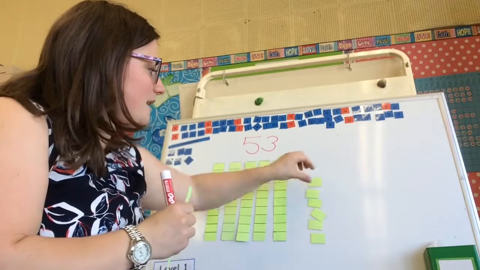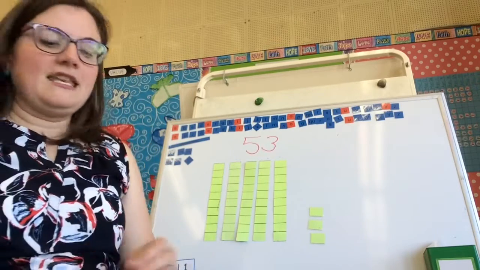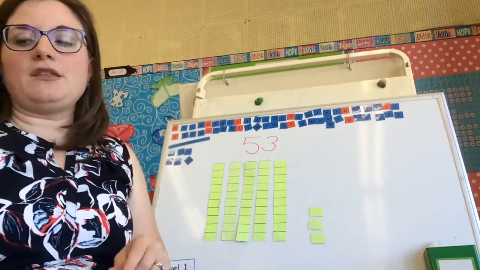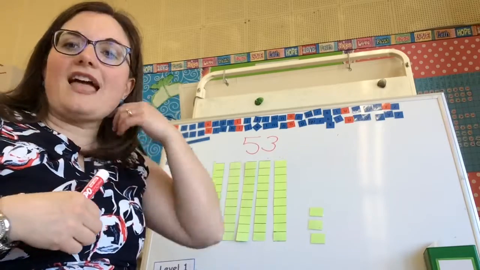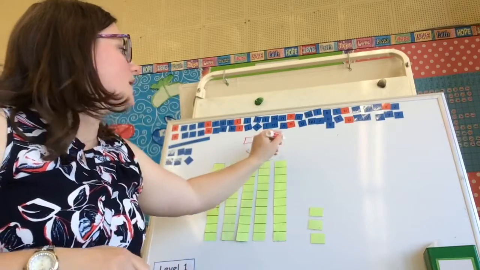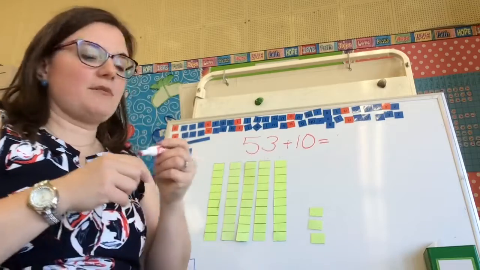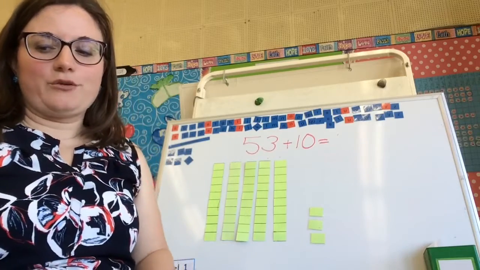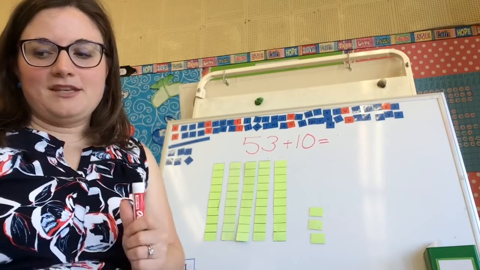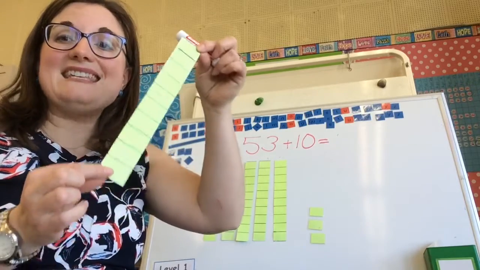Okay, so I'm going to make my number 53 here. Now this time with my number 53, I would like to count up by 10. I would like to add 10 more. So I want to add 10 to my number 53. Okay, so 10 more means I'm adding another 10.